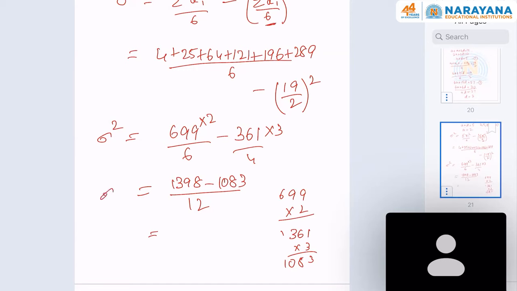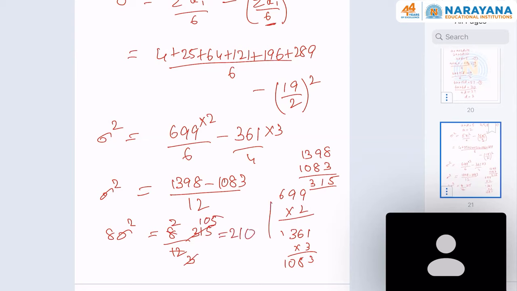So here we have to multiply this with 8 also. So 8 into 8 by 12 into 1398 minus 1083. So its value is 315, and 315 is 4 2s, 4 3s, 3 105s. So the value is 210.